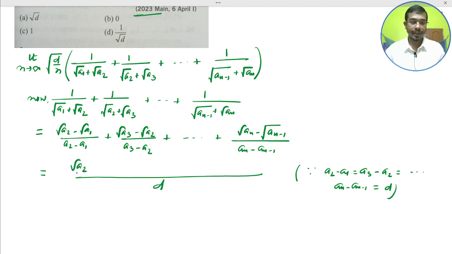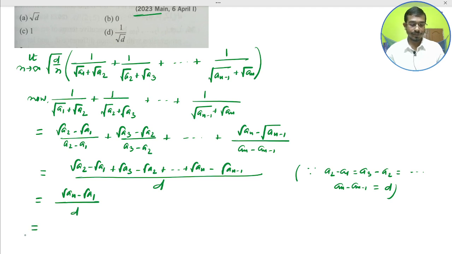So here root a2 minus root a1, root a3 minus root a2, dot dot plus root an minus root an minus 1. So now it would become root an minus root a1 by d.